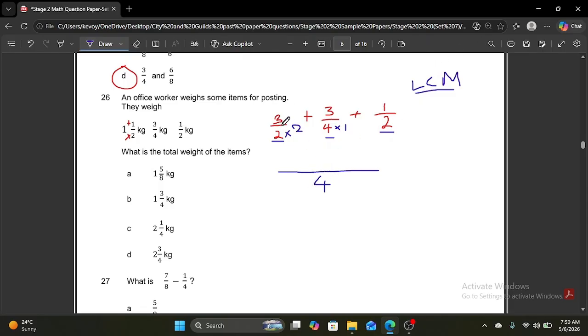Let's multiply now. Whenever we're converting these fractions into equivalent fractions with the same denominator, whatever number we multiply the bottom by, we have to multiply the top by the same number. So if we multiply the bottom by 2, we multiply the top by 2 as well. So 2 times 3, that is going to be 6.